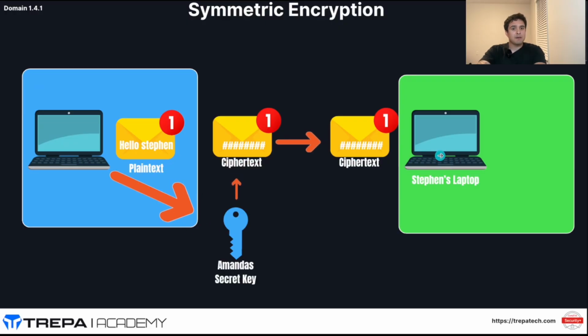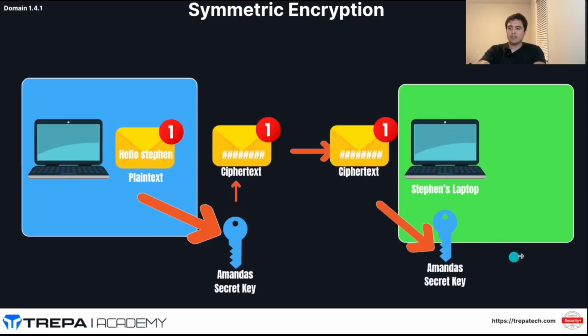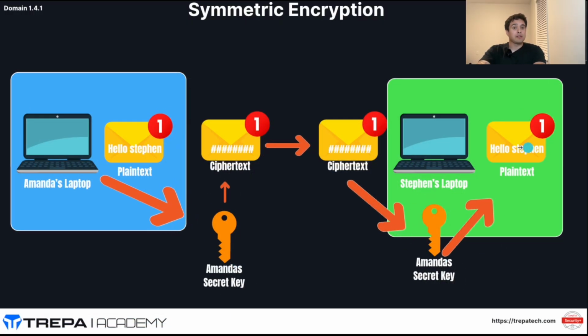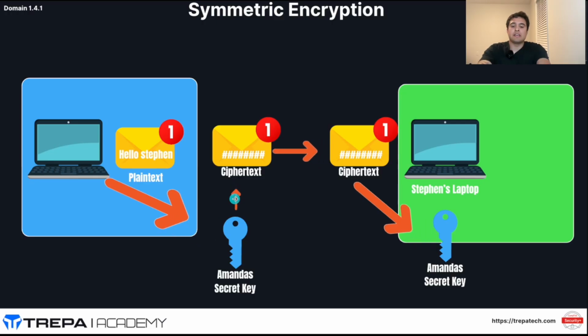She's then going to send that message over to the receiver, Steven, and now she has to figure out a way to somehow get this secret key over to Steven securely. And Steven's going to use that same key to decrypt and see that plain text message, and now it's human readable. So hopefully you saw in that process what could be the issue here.